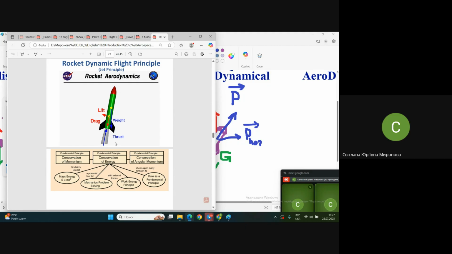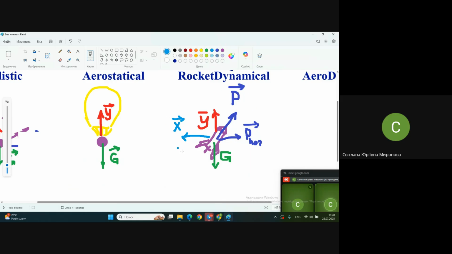One moves the object up vertically, it's the lift force, not quite like in the NASA picture, more similar to this picture.